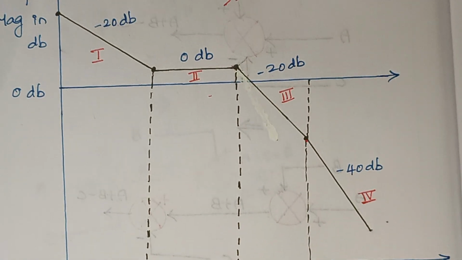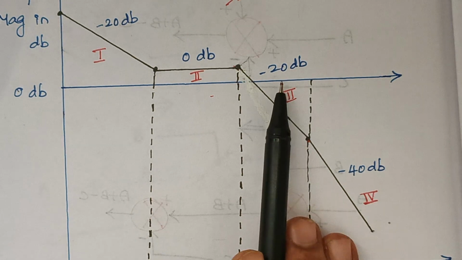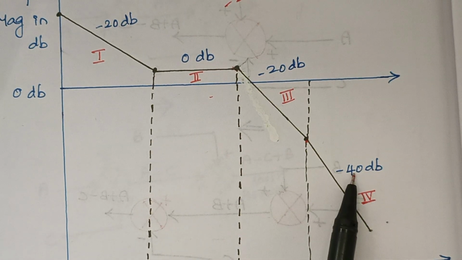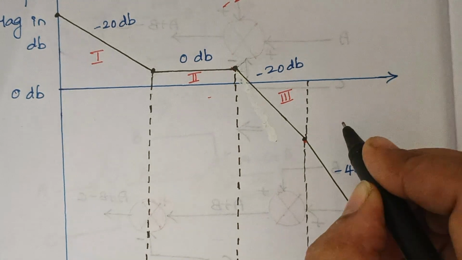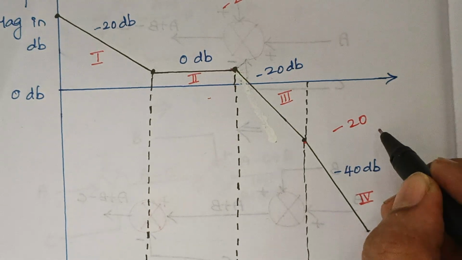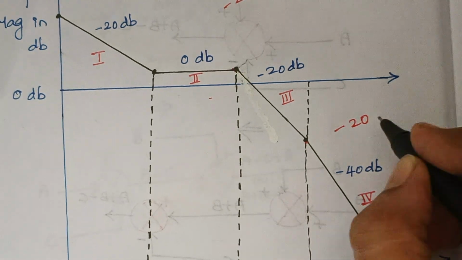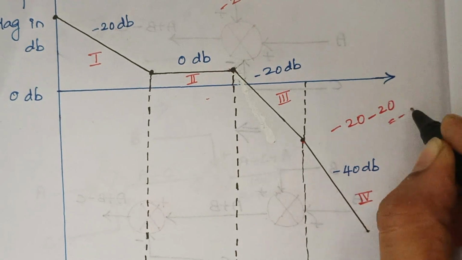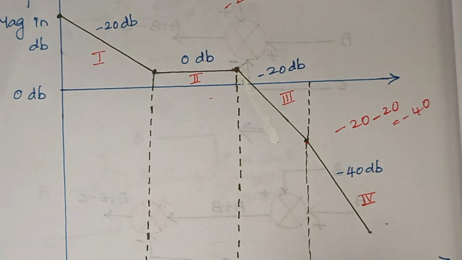So what happens in our part 4? You see that the previous slope is minus 20, but here I am having minus 40. What does that mean? So initially I am having minus 20. So what should be added to this minus 20 to get minus 40? I should add another minus 20 to get the value as minus 40. Right.